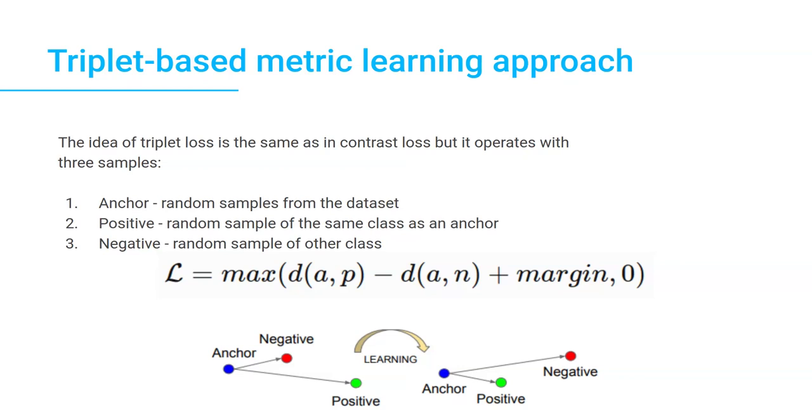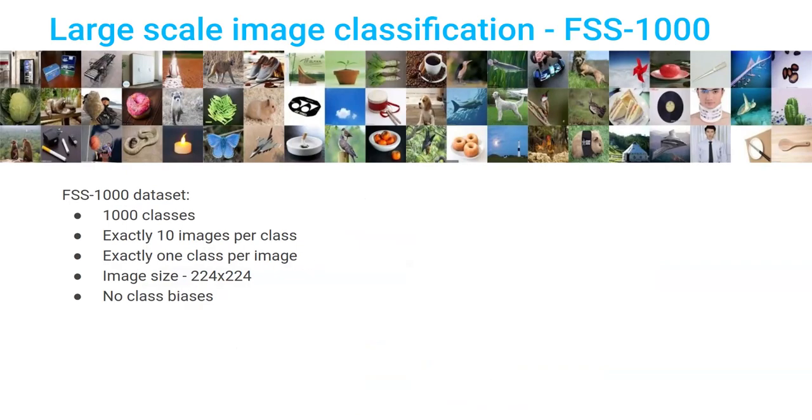By minimizing such loss, we force our model to extract embeddings that are, in terms of the metric used here, similar for the same classes and different for different classes.